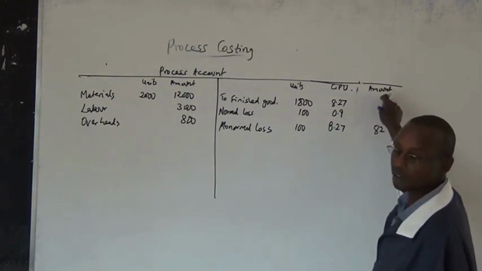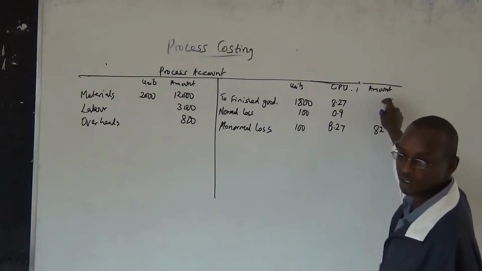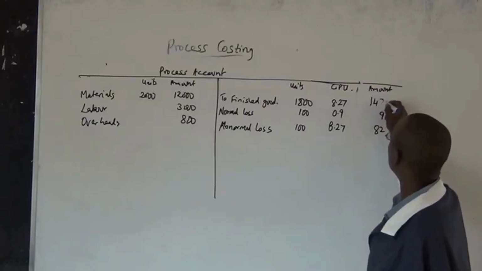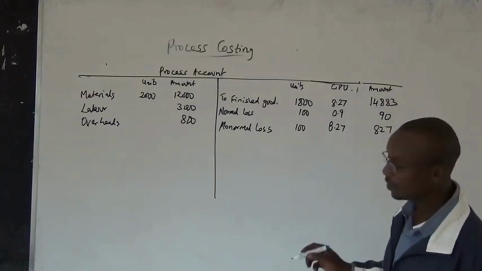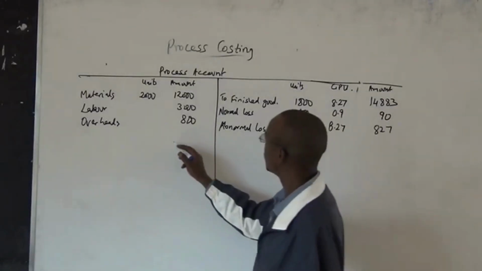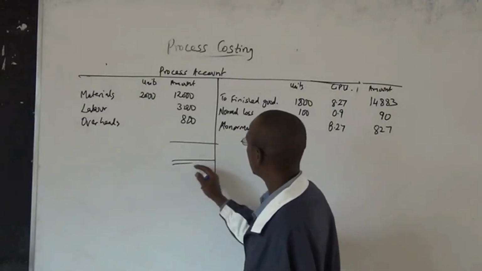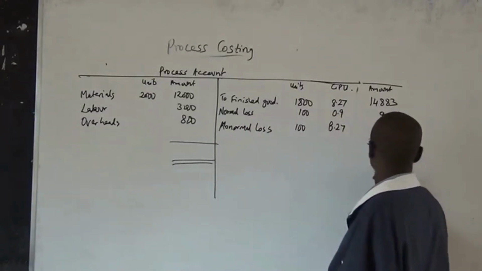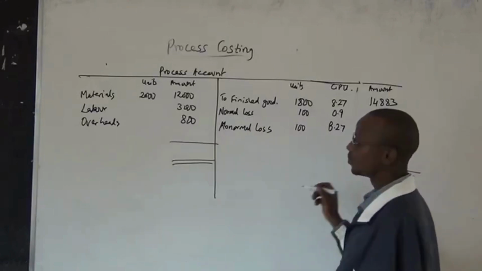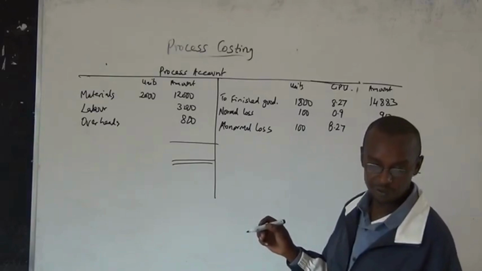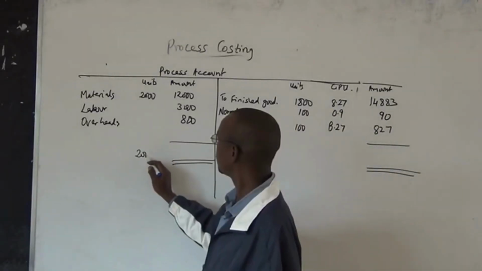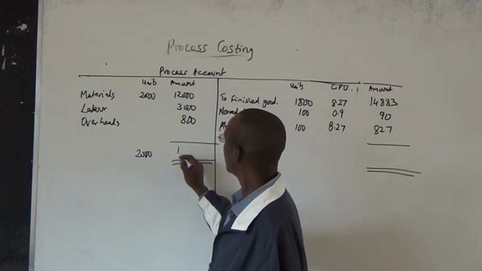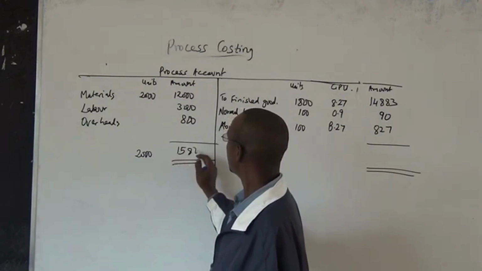I'm waiting for this. Is it 14,883? Yes. Then add here, you get 15,800, isn't it? 2,000 units, 15,800.